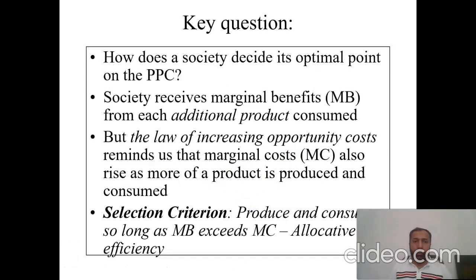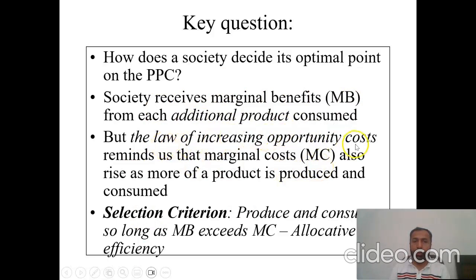Now here are some basic questions. How does the society decide this optimal point on the PPC? On the PPC, we had 6 points from A to F. A specific point decided by the society is a normative decision, which is based on the concept that marginal benefit from each additional product consumed should be equal to the marginal cost.